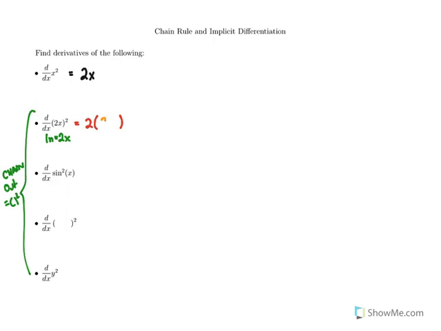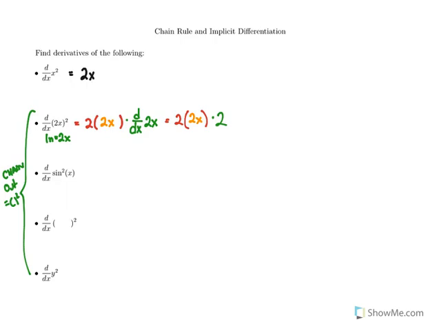We're going to leave the inside alone, and we're going to multiply by the derivative of the inside function. This is going to give us 2 times 2x, in this case, times 2. All right, so let's do it again.